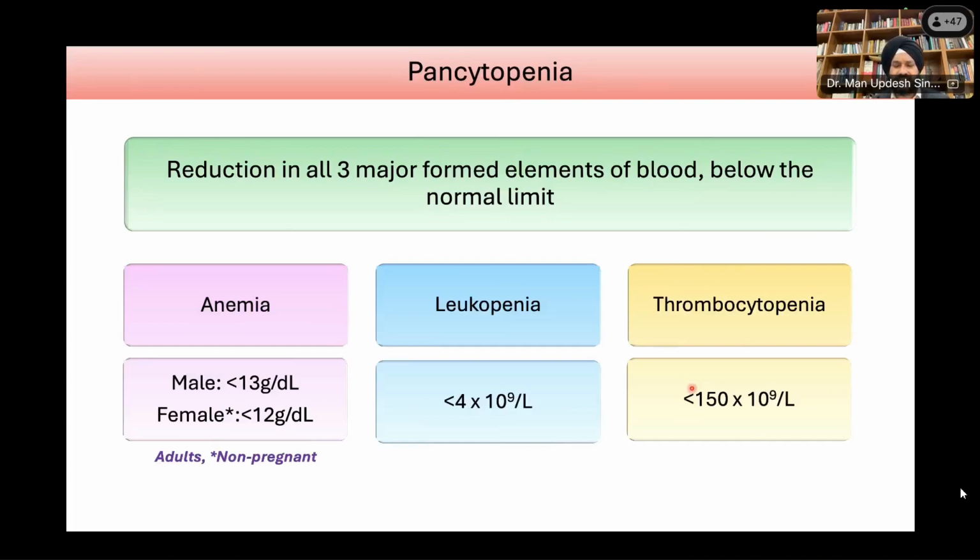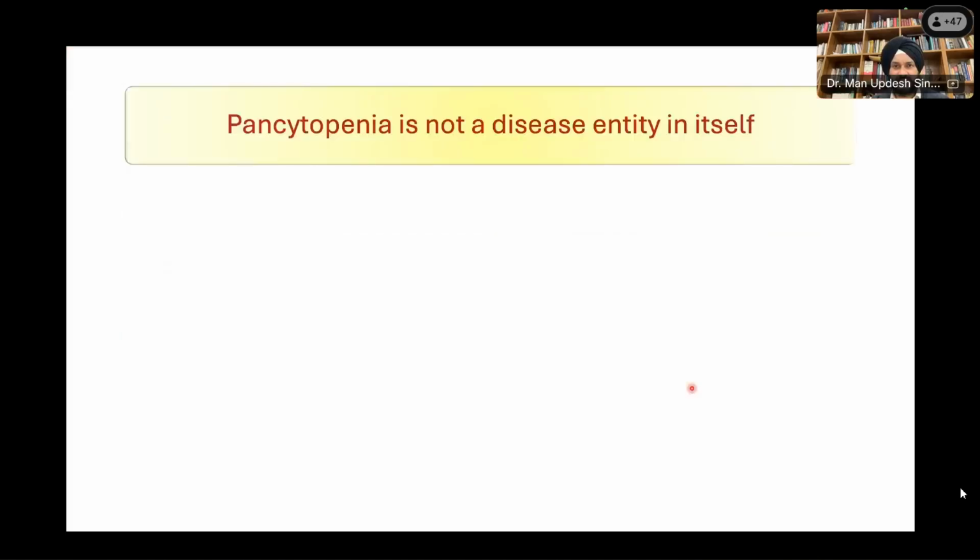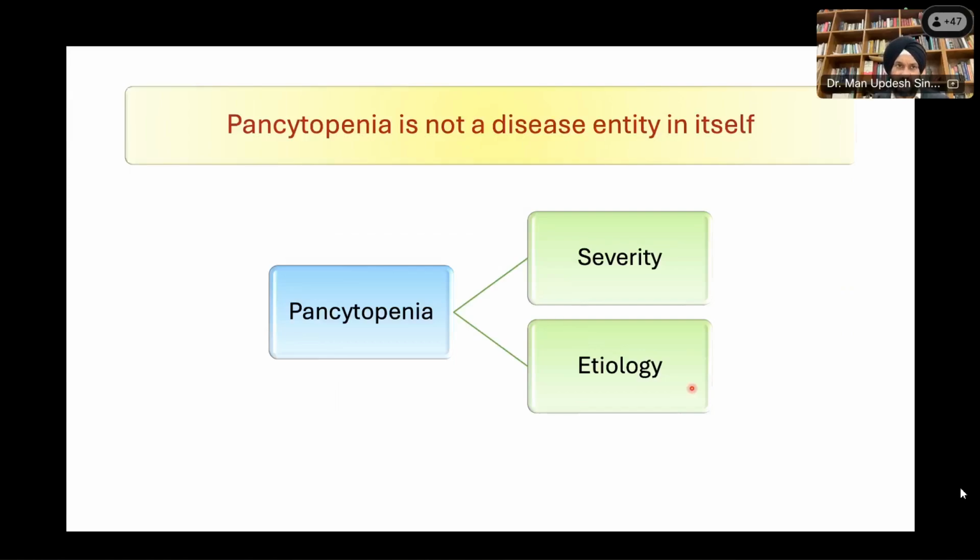So that's the basic definition of pancytopenia, when all the three major lineages in the blood are decreased below their normal limit. With this, I think I can start cases directly. The important thing is pancytopenia is not itself a disease entity. It's not a diagnosis.